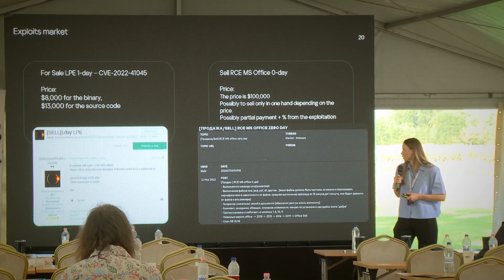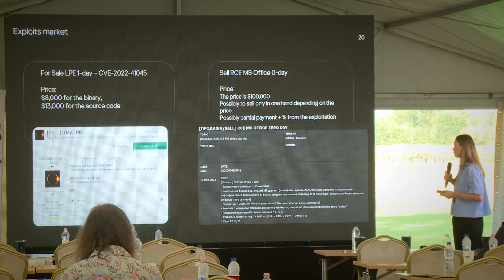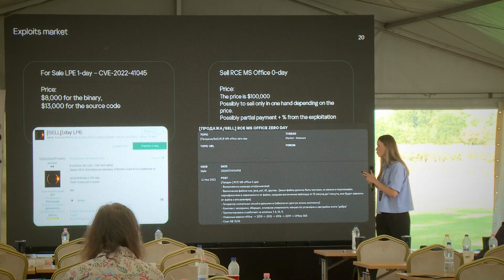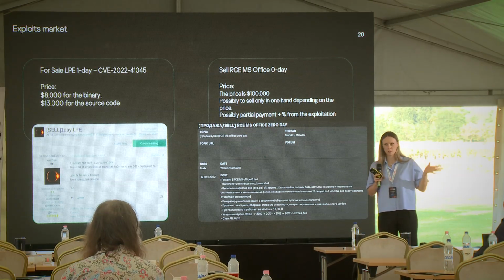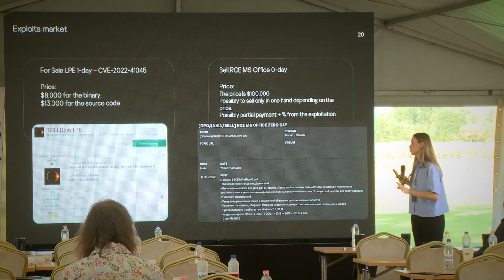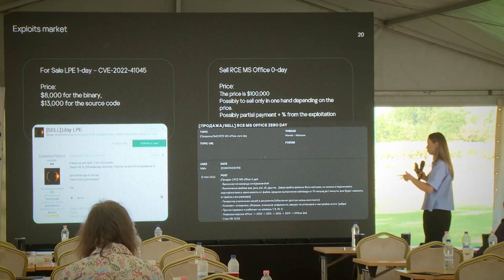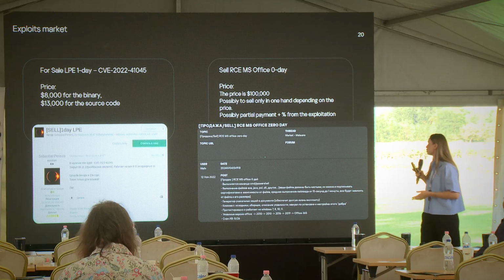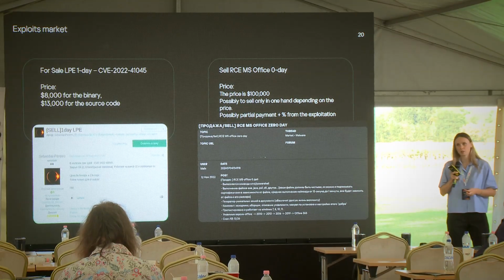Here are some real examples of the offers. A local privilege escalation exploit, a 1-day, cost $13,000 for the full source code of the exploit. And the second offer just hit the average price: $100,000 for remote code execution in Microsoft Office.